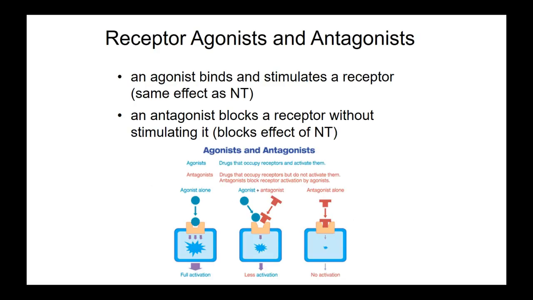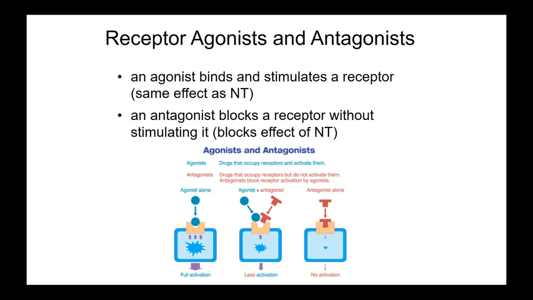All right. So some terminology here. An agonist binds and stimulates a receptor. So it has the same effect as a neurotransmitter. In some cases, it can stay bound to that receptor longer than a neurotransmitter, meaning that it can cause the extended effects of the neurotransmitter.